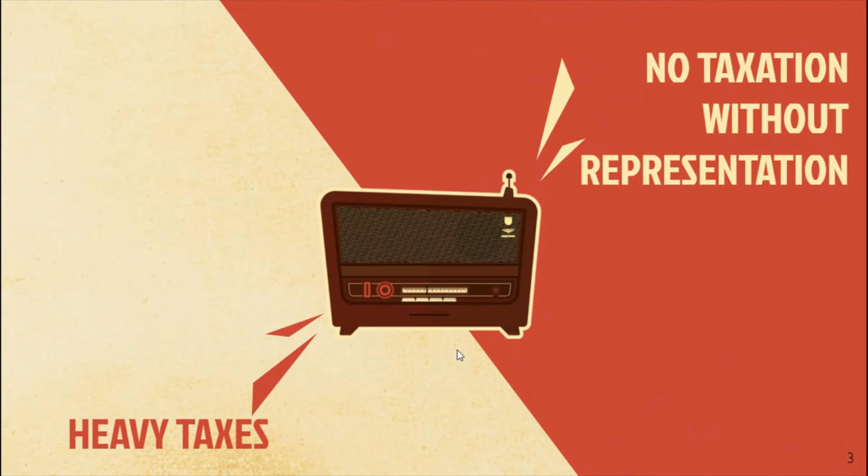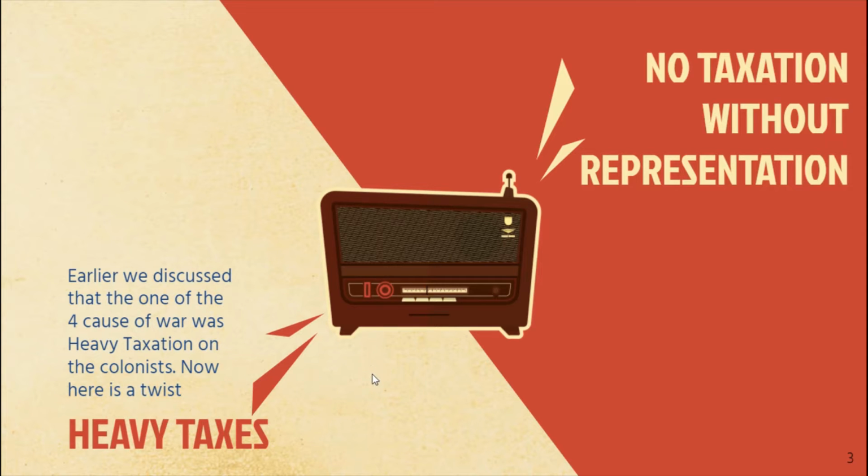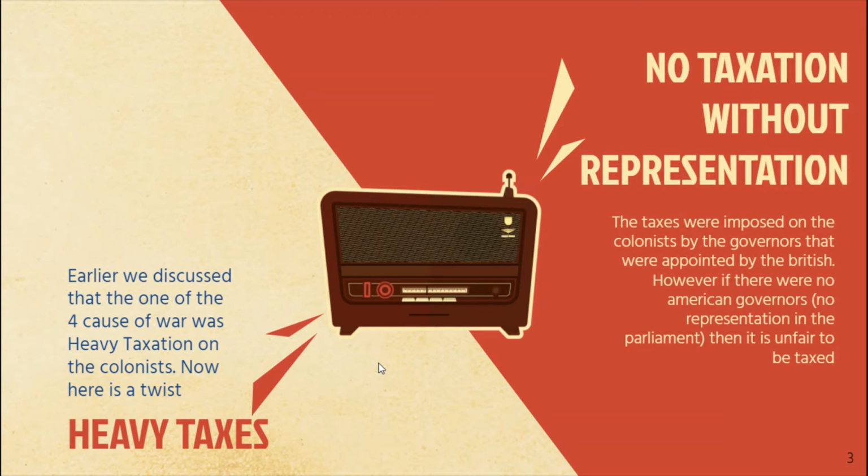So basically, in the last video, we had talked about the four main causes, right? And out of which one cause was heavy taxation on the colonists. Now, here is a twist. The taxes were imposed on the colonists by governors that were appointed by the British. So take it like this: taxes on Americans, governors, British. Does that make any sense? No, it doesn't.